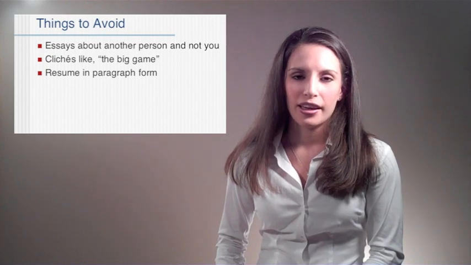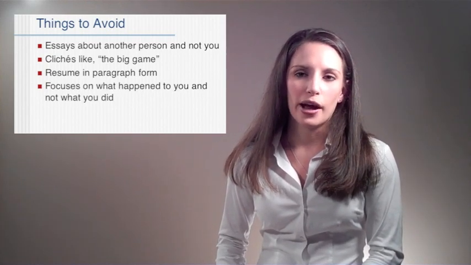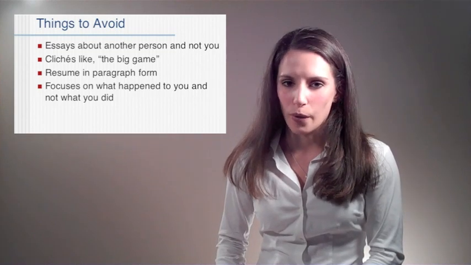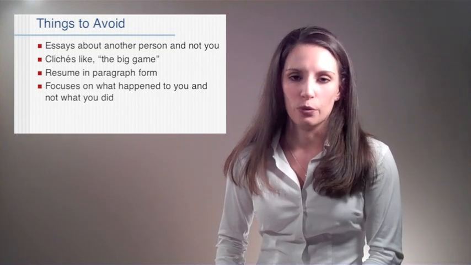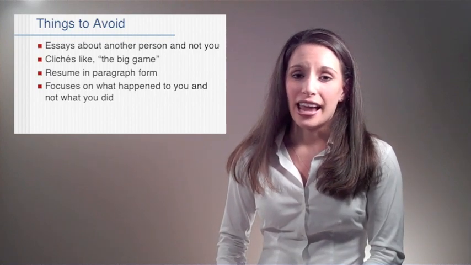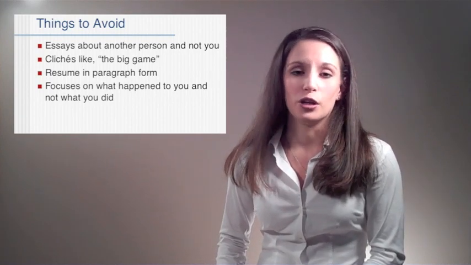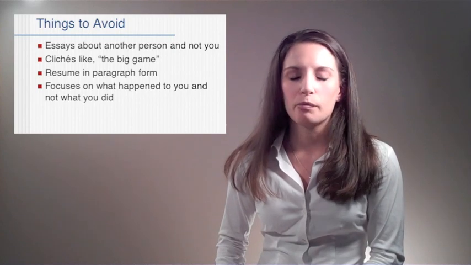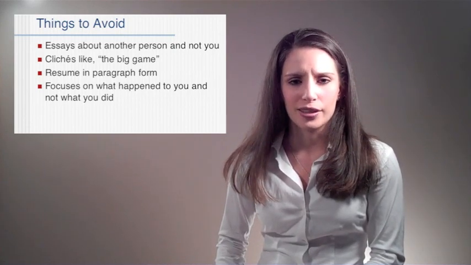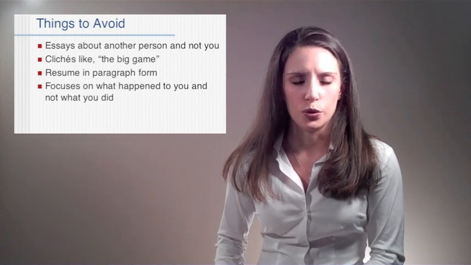And finally, try not to write about something that happened to you if you don't also write about what you did in response. For example, say, God forbid, when you were a child you had leukemia. It can be a fantastic essay to write, as long as you don't focus on everything that happened to you.